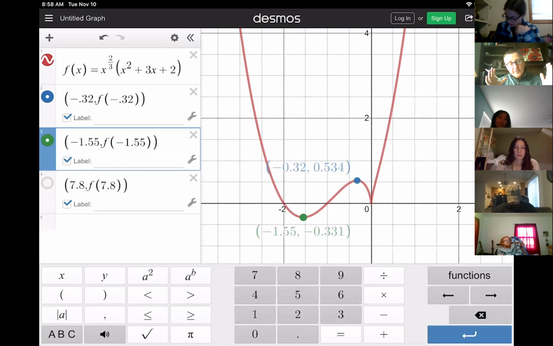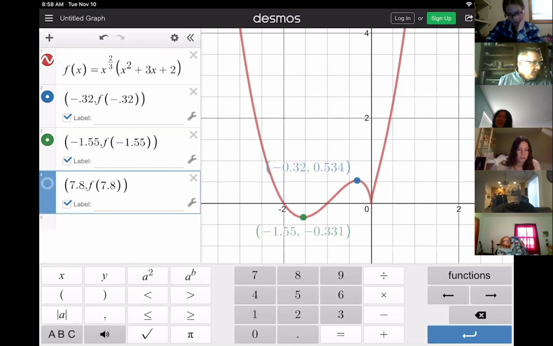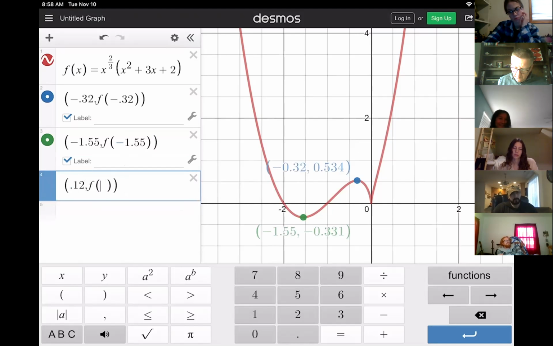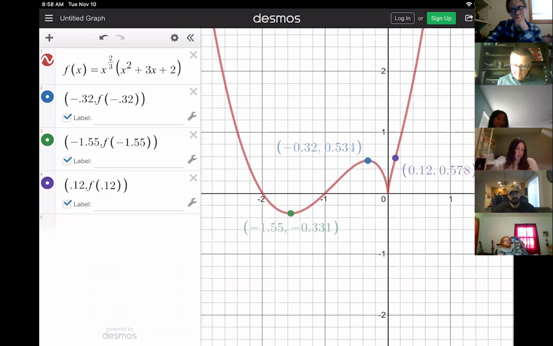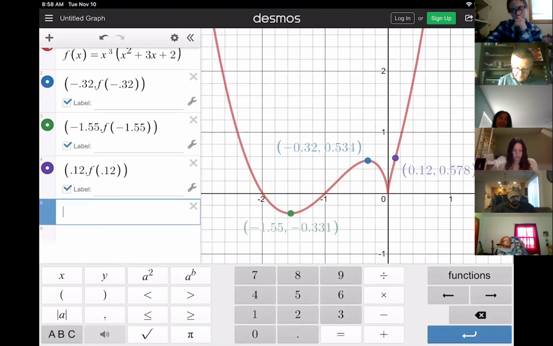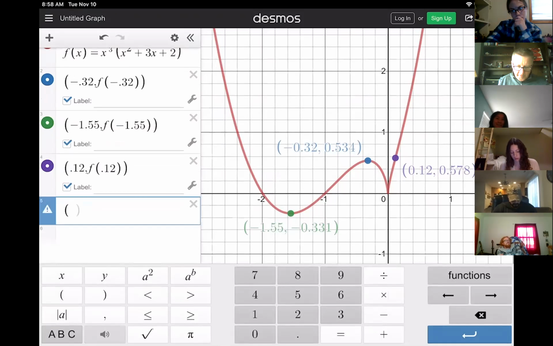So notice the 2 zero slopes are working. That's working great. And then we had the 2 negatives. So we had the 0.12, so we had that inflection point, and then we had one more, the one that was at negative 0.87.